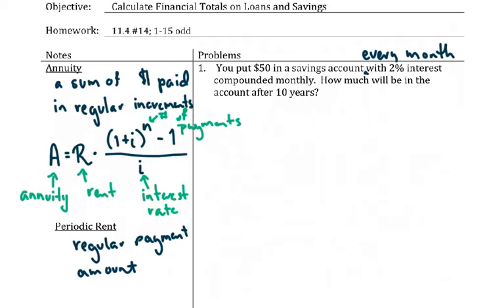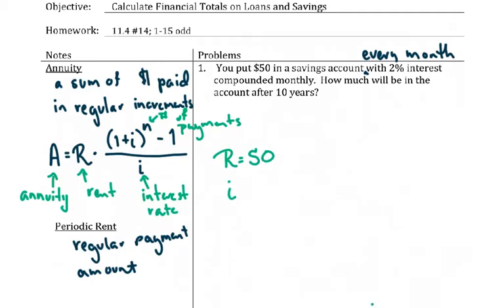Now, what I'll do with any formula is start out by just identifying what all these variables are. So in number 1, we've got our $50 in savings account deposited every month. That means our R is 50.